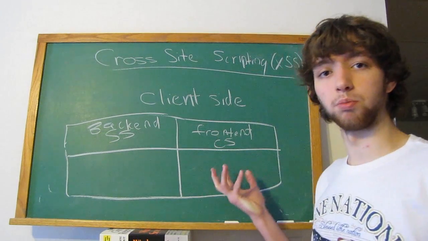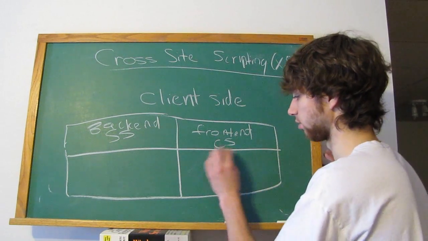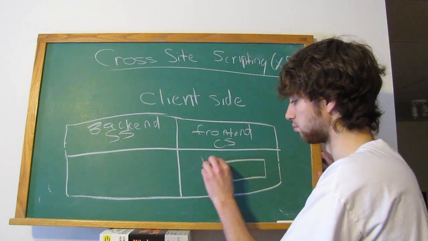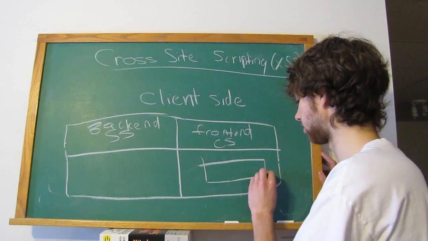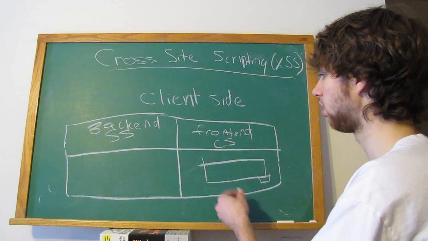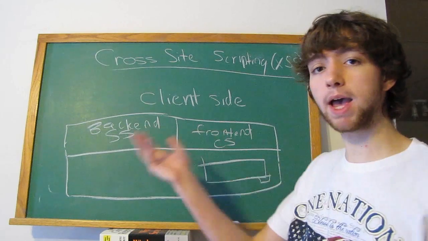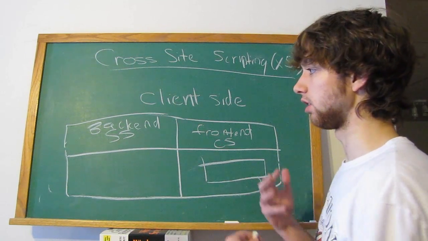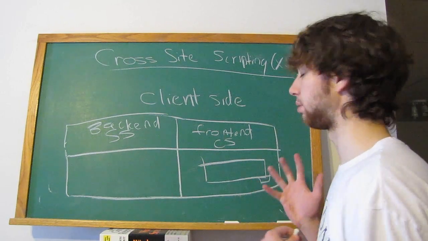So when a person views a web page, let's say this right here is your web page, you have boxes and so forth that you can submit, and websites and pictures that you can view, all on the front end. The back end is the actual server content that is used to make this web page work.